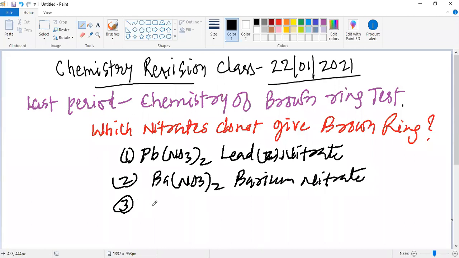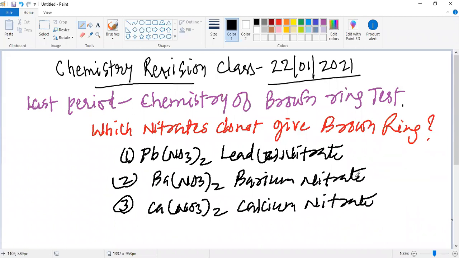The third one is calcium nitrate. These are the three nitrates which do not give positive brown ring test.